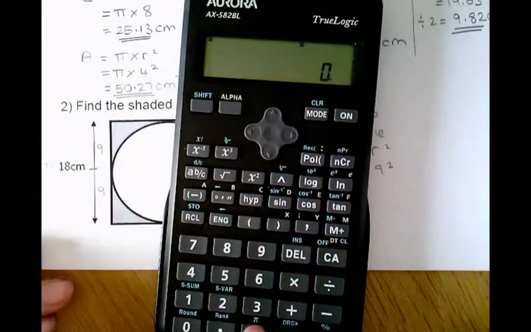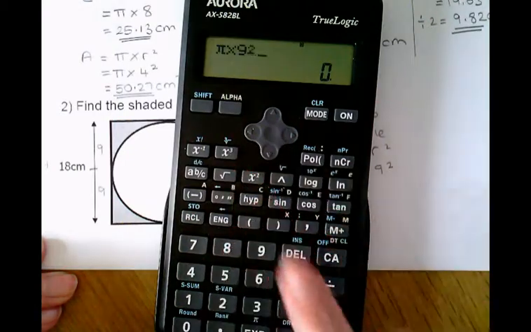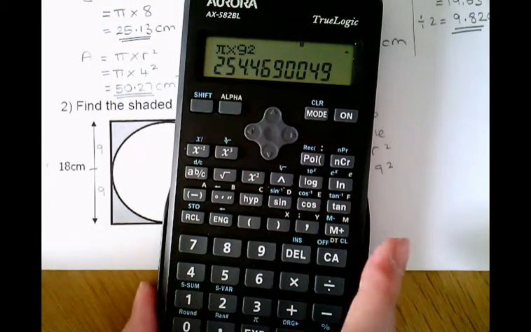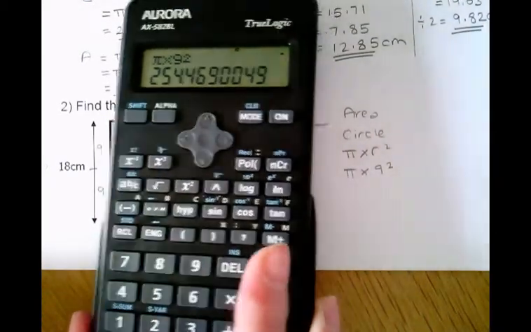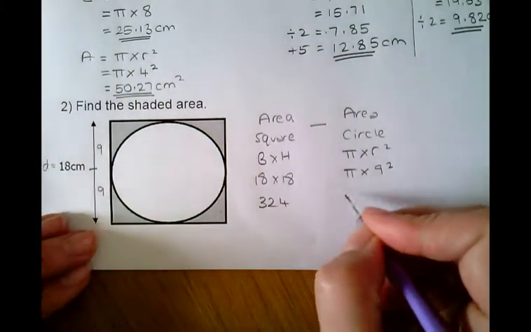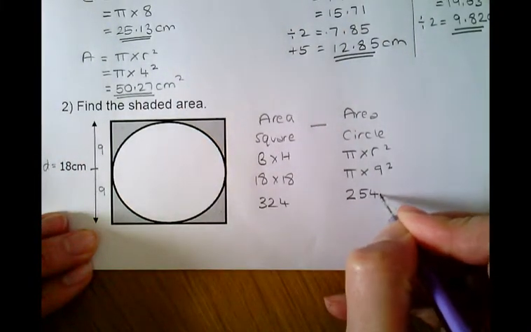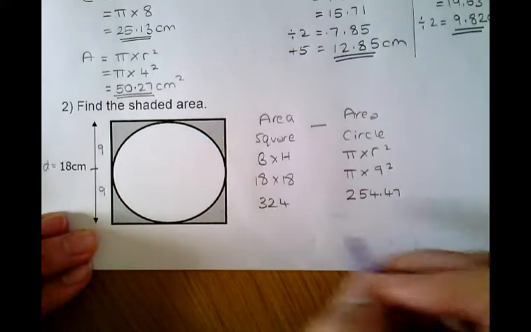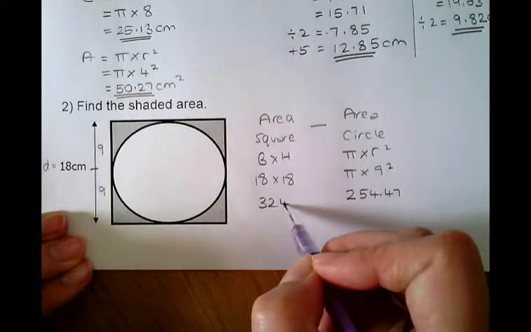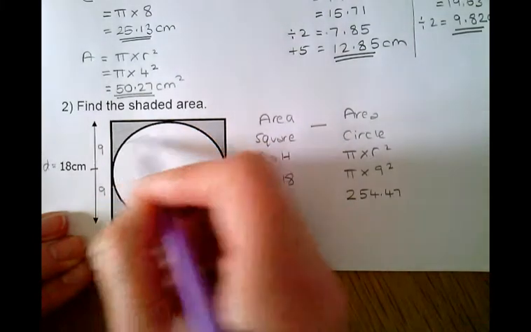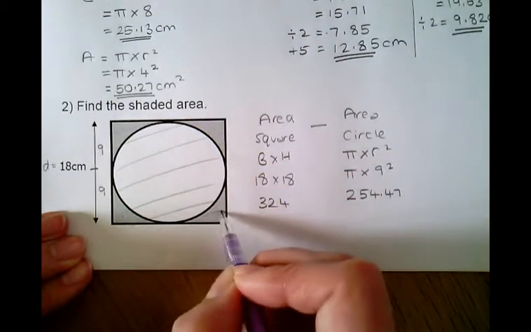So go to your calculator, pi times 9 squared gets you 254.47. So that's the area of the circle.